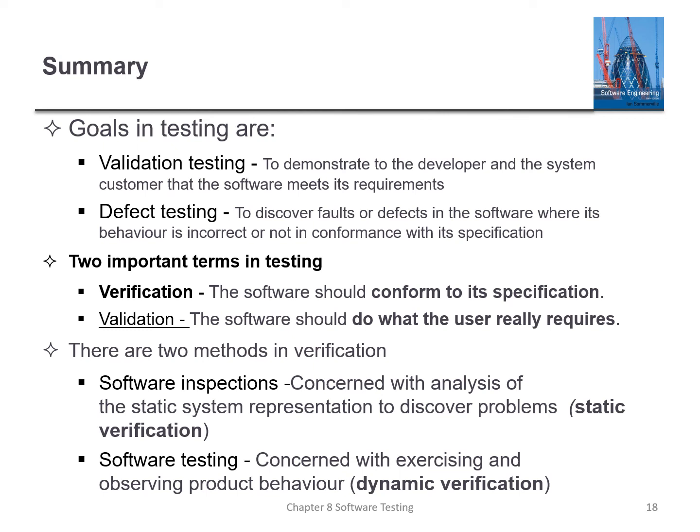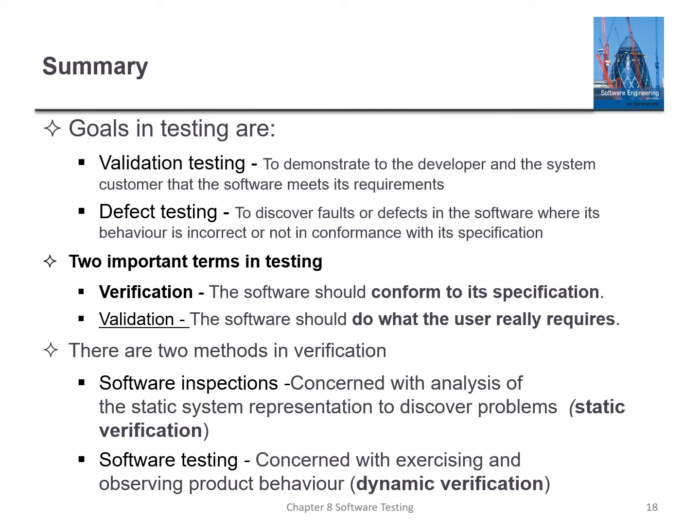Validation, on the other hand, is about identifying whether the system which is already ready is meeting what the users require. And then we have seen that for verification there are two methods.